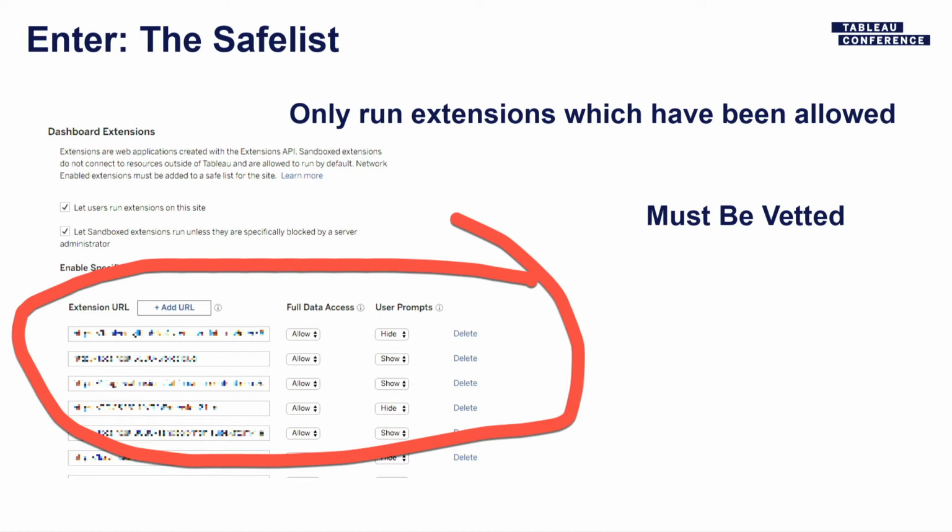However, some caveats. These extensions must be vetted. So you have to look at the code, look at the kinds of things that it does, and make sure that it is the kind of extension that you're actually looking for in your product. You have to trust the developer of that extension, usually via a legally binding contract of some sort saying that they aren't going to do anything crazy with your data and that they have proper security practices.